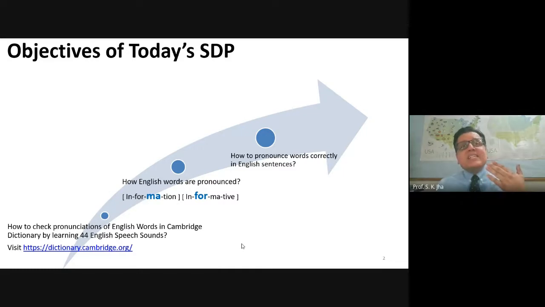I'm saying intelligible, not intelligent. You should sound intelligible. So what does intelligible mean here? Intelligible or intelligibility here means comprehensible or understandable, or your capability of being understood by others.